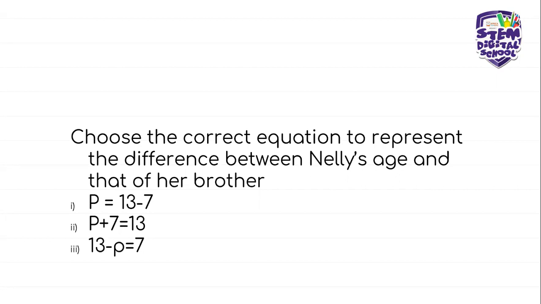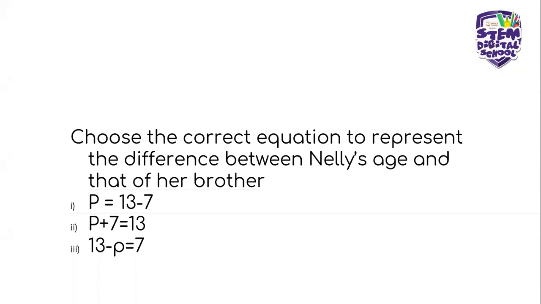So that should be the correct answer. P is equal to 13 minus 7. The brother's age is represented in that equation, 13 subtract 7, which is 6. Remember, Nelly is 7 years older than her brother, so if her brother is 6 years old, then Nelly will be 13 years old because you simply add the 7.